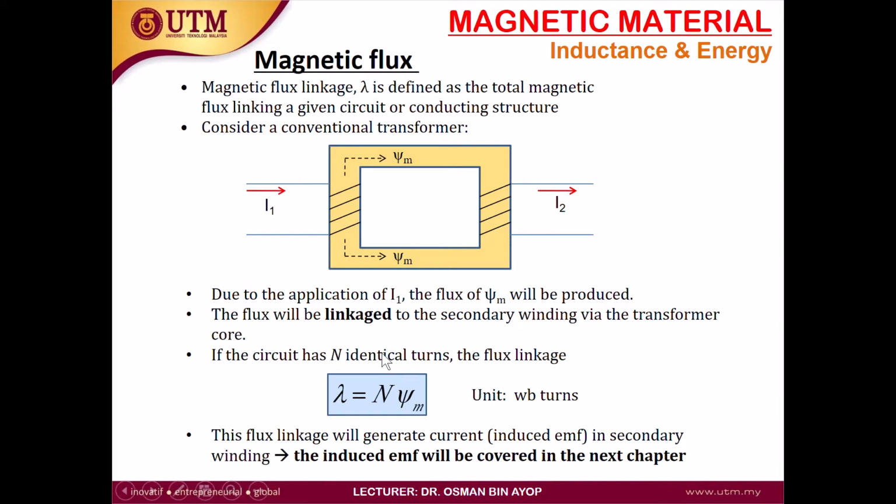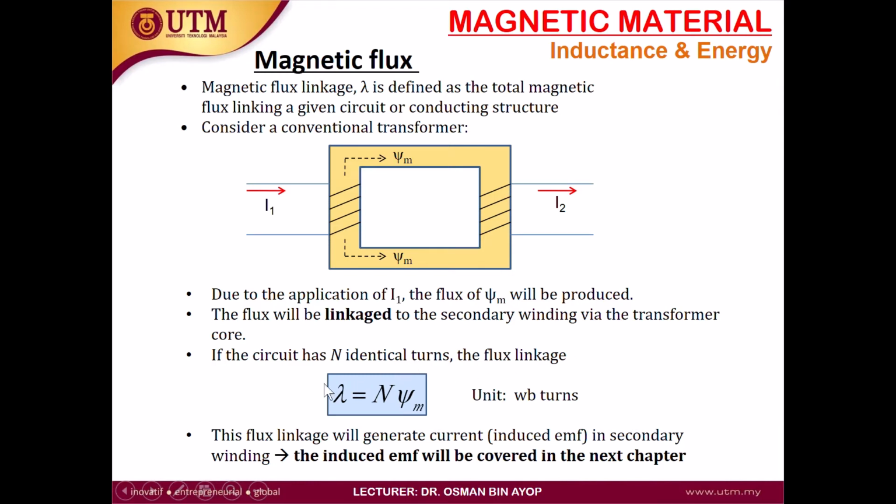If we apply the current I1 in the first circuit, the flux will be generated inside the magnetic material and it will link to the other winding, the secondary winding, via the transformer core.